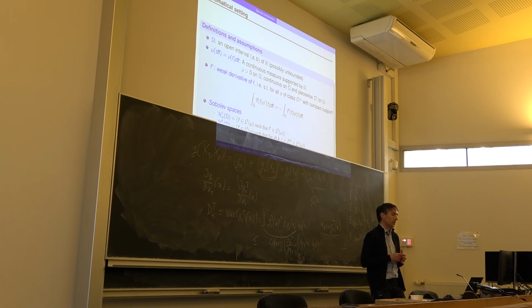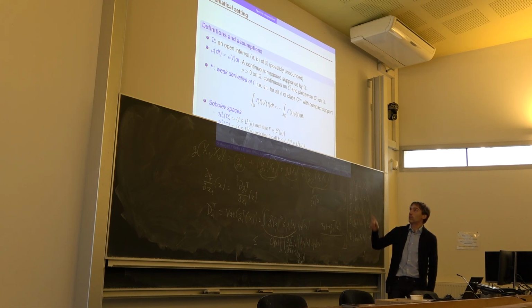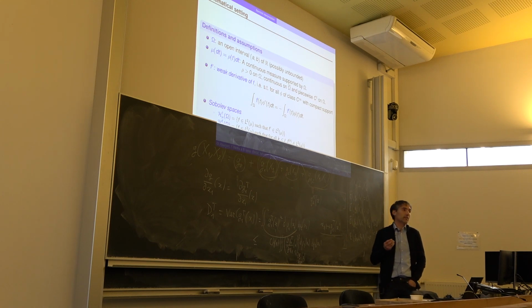It means that the formula written in the slide is valid. It is an integration by parts formula. But if you don't know this, it's not very important. Just know that you consider a derivative in a weak sense.